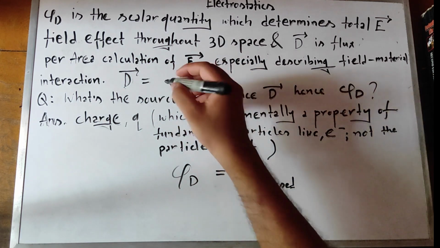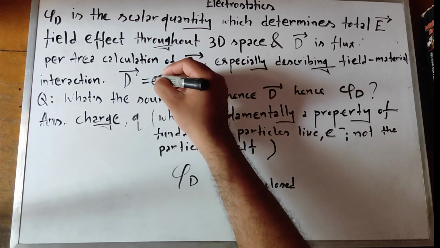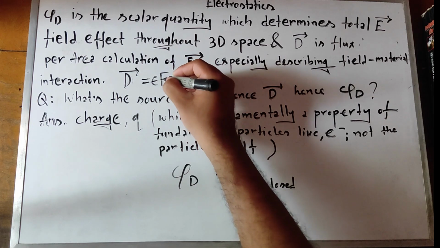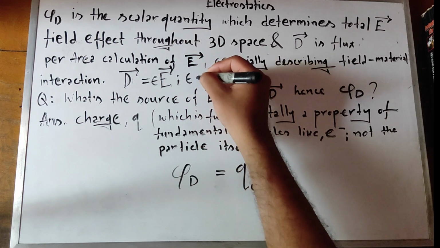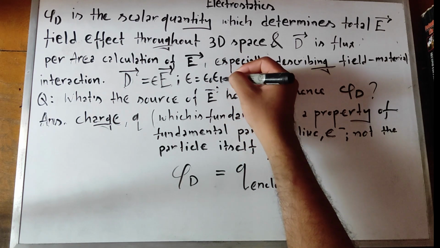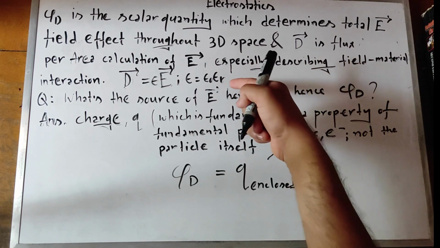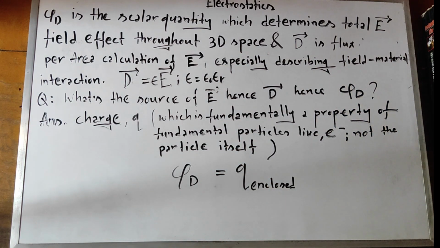D as a vector is related to the electric field intensity by epsilon, which is the permittivity. Epsilon is also epsilon o, epsilon r. Epsilon r is called the relative permittivity or dielectric strength of a material. So this is what it is.